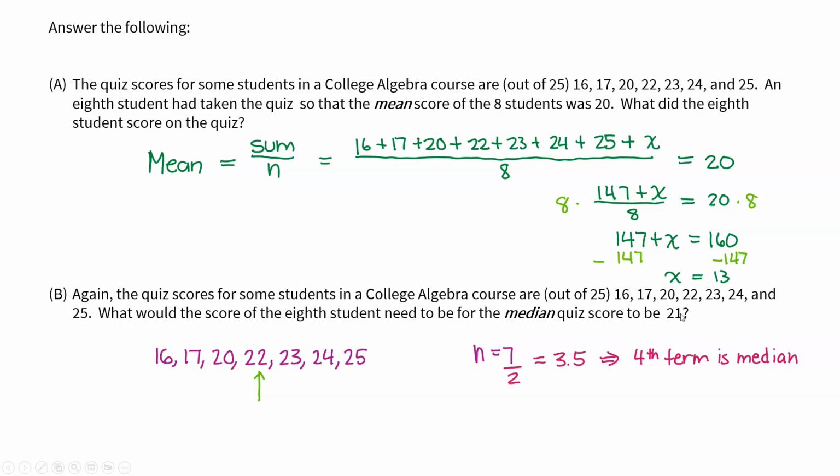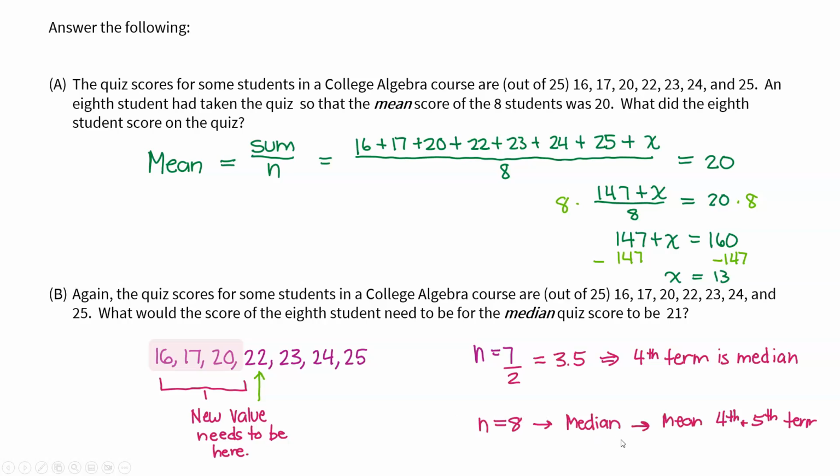You know you want the new median to be 21, so you want to have scores added to this side of it to push this up and to end up with 21. Now there is no 21 here, and you know you're going to end up having a total of 8 values, so you want the mean of the 4th and 5th terms to be that 21.